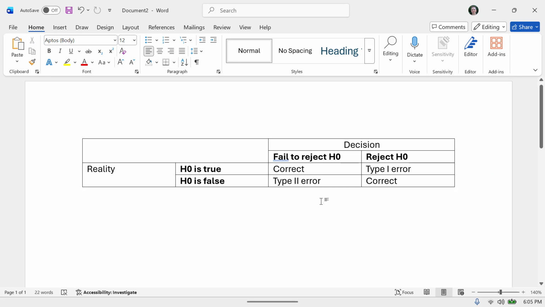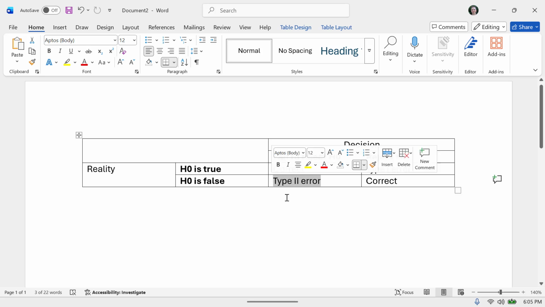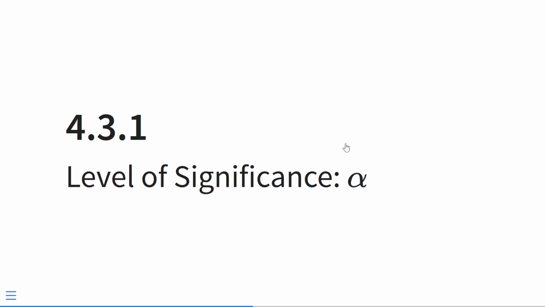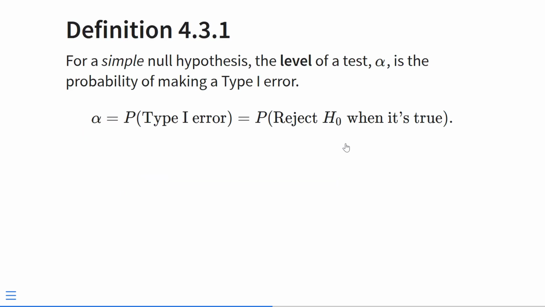So when we're doing hypothesis tests, we have these two different kinds of errors that we can make. A type 1 error when we reject the null hypothesis, but it's actually true, or a type 2 error, which is when the null hypothesis is false, but we fail to reject the null hypothesis. The discussion of error types leads into talking about the level of significance, which we denote by the Greek letter alpha.